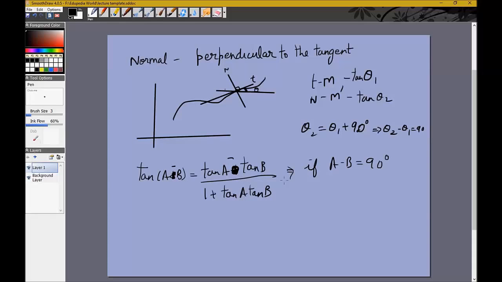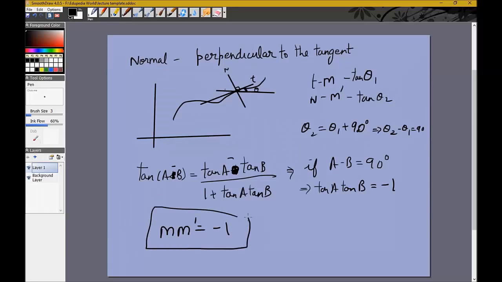That means the denominator is 0. That means tan a tan b is equal to minus 1. And tan a is the slope m, tan b is the slope m dash. So we get the relation m dash is equal to minus 1 by m.